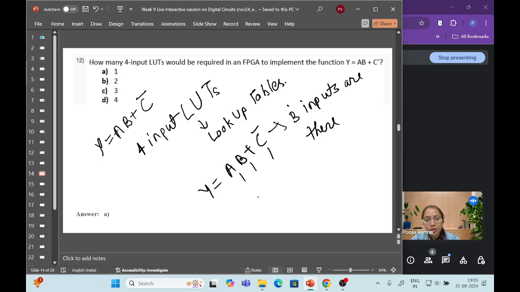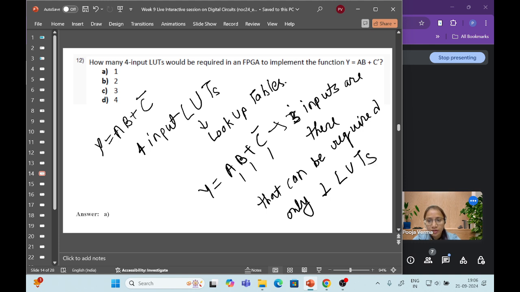We can implement it with only one lookup table, because one lookup table takes 4 inputs, but here there are only 3 inputs. So we can implement the 3 inputs with a 4 input lookup table. We require only one 4 input lookup table.